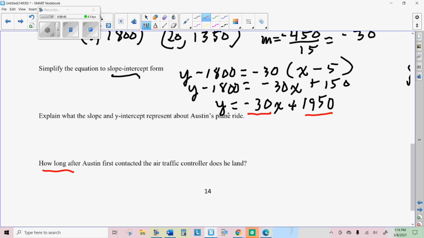We need a value that we can substitute in. And when you land, your altitude is actually 0. And that would be your y coordinate here. So to solve this, you're going to put 0 where that y coordinate is, and then figure out what x is, which is how many seconds it takes to get there, or how many minutes, whatever it is, the amount of time. Okay, so go ahead and solve that.